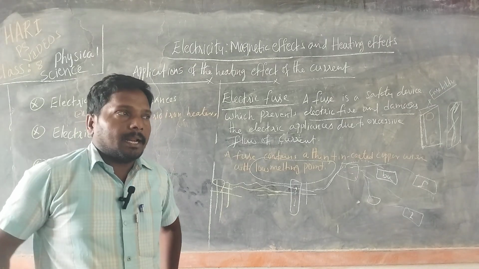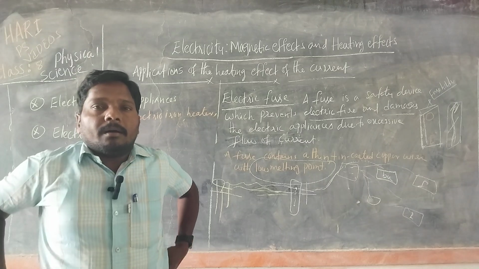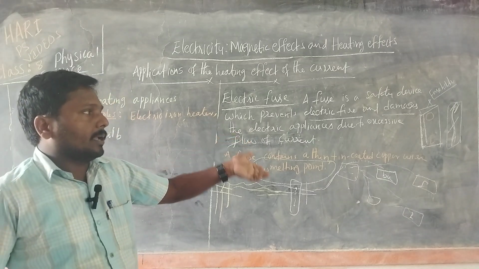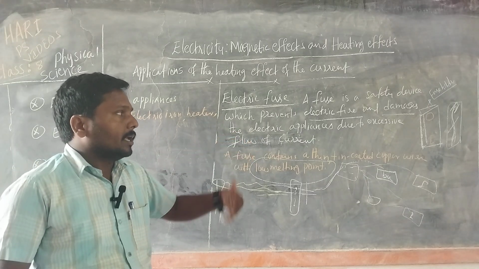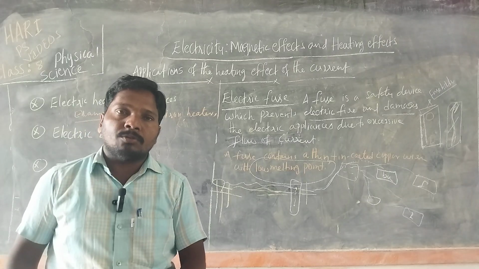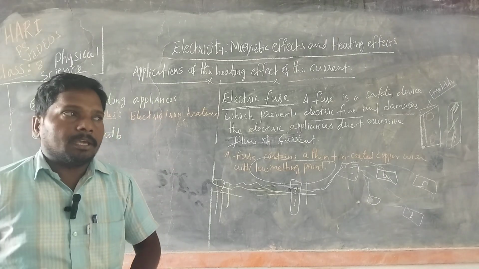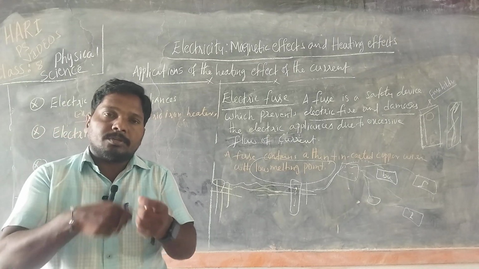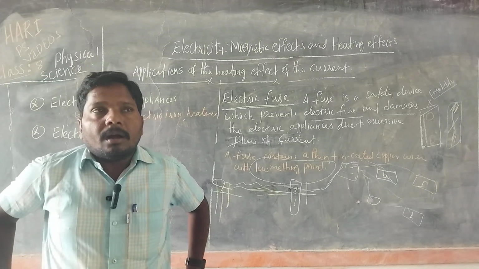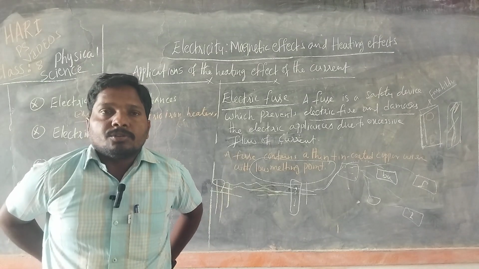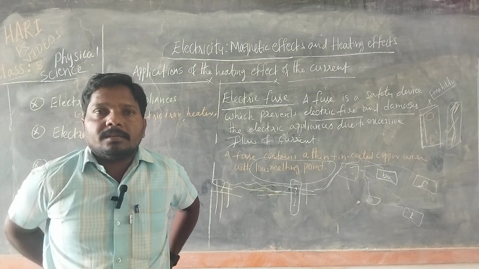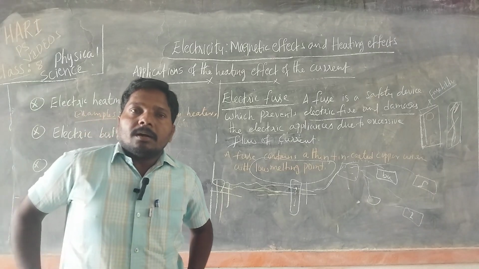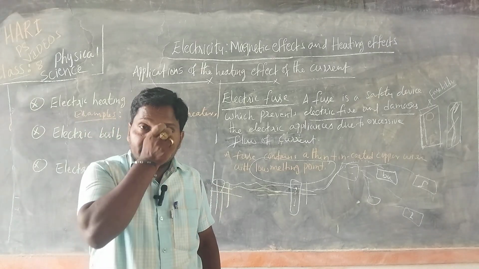But in case excess electric current is passed and the fuse wire is blown out or breaks down, generally we should not try to give the connection. Better call the electrician, as they have special requirements for repairs.